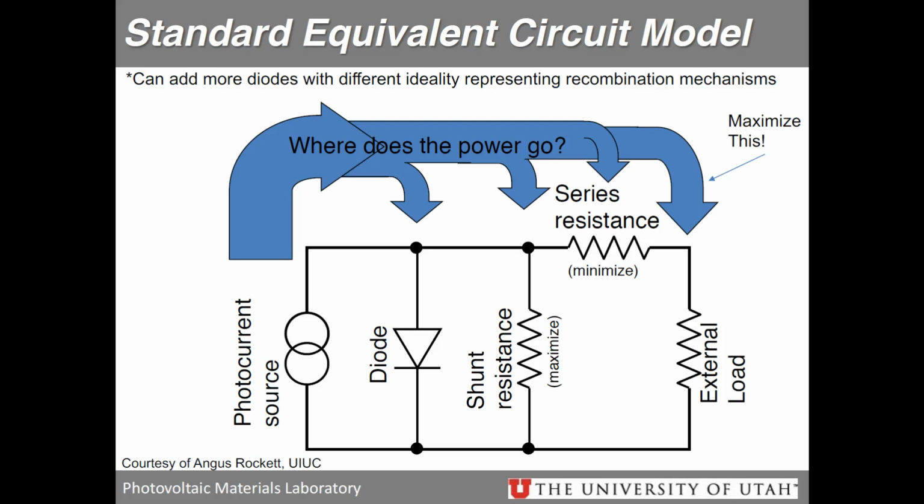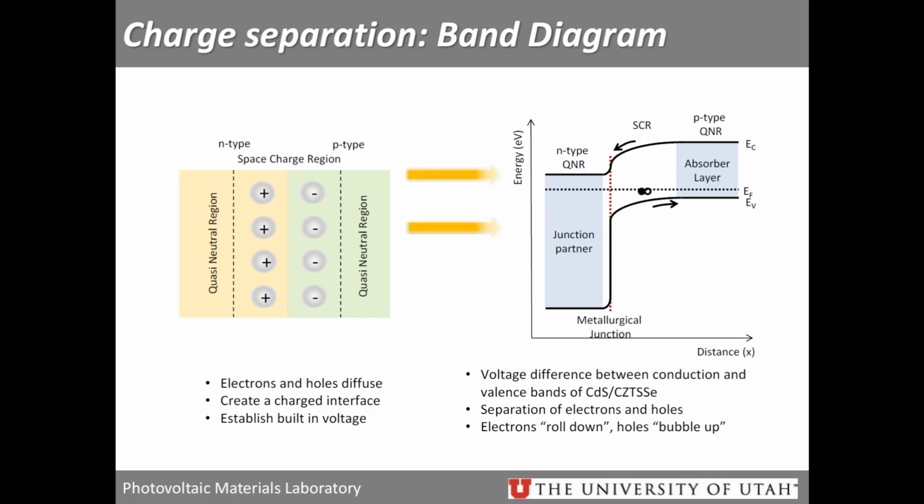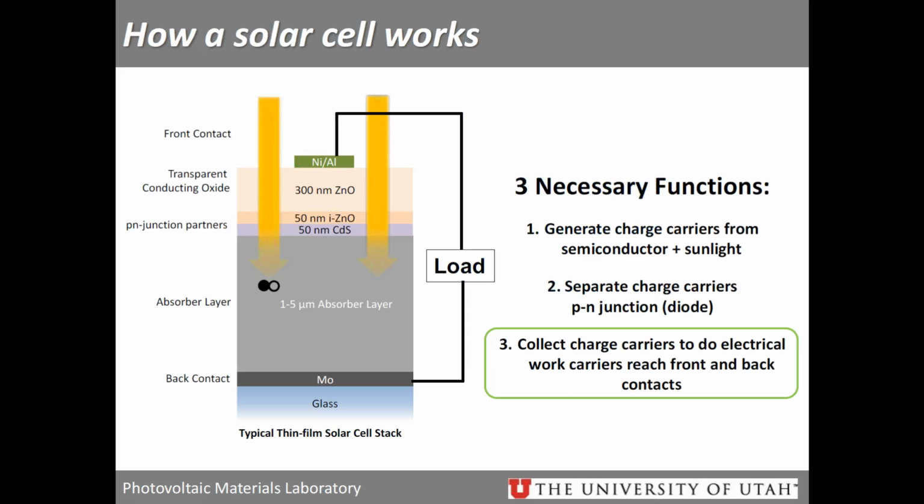You have the diode, and the shunt and series resistances, which arise from two different phenomena. The shunt resistance arises due to the defects of your semiconductor material, and the series resistance occurs due to the front and back contacts.